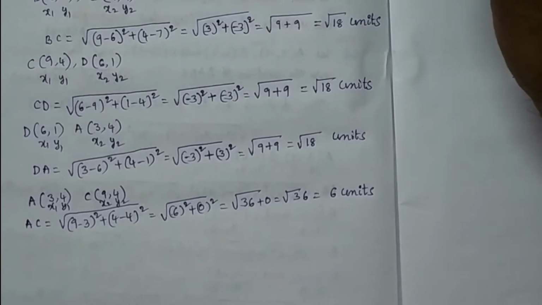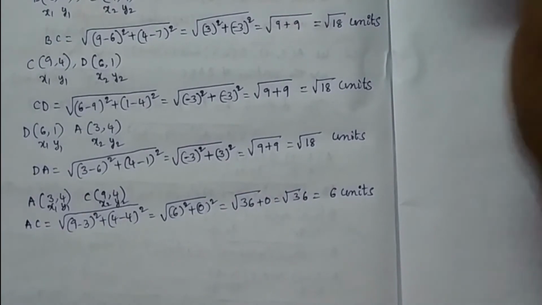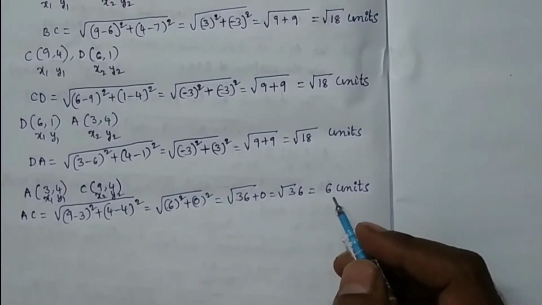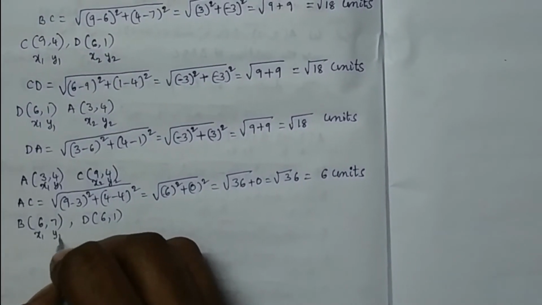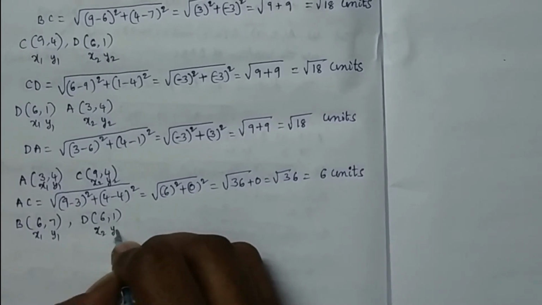Now find the other diagonal, BD. Take the BD points as x1, y1, x2, y2.